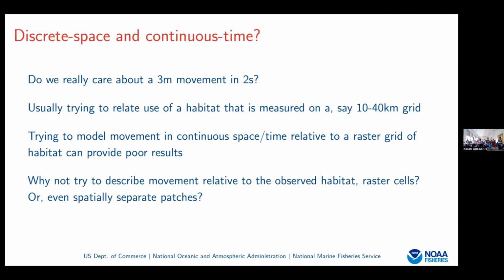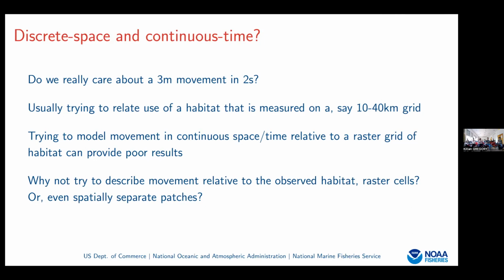So let's look at it now. Why discrete space and continuous time? Well, as we looked at some of these, I told you can make a prediction with crawl at any time you want. So if I wanted to, I can make predictions every second, every 2 seconds. Would that be that useful to you? Certainly for these animals that we showed you, probably not.